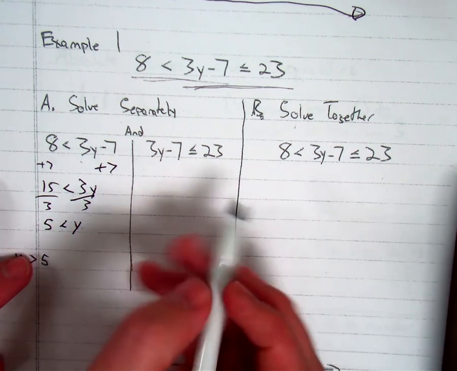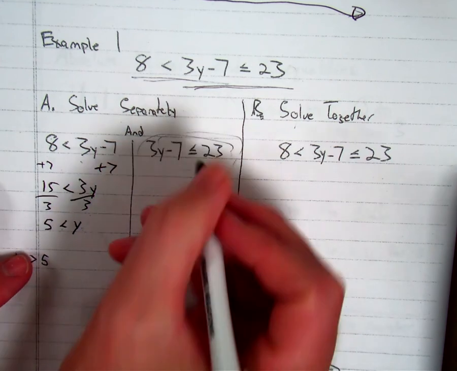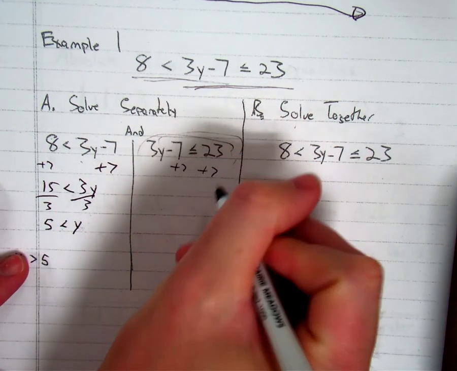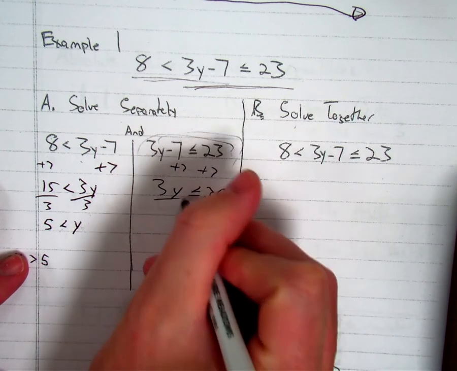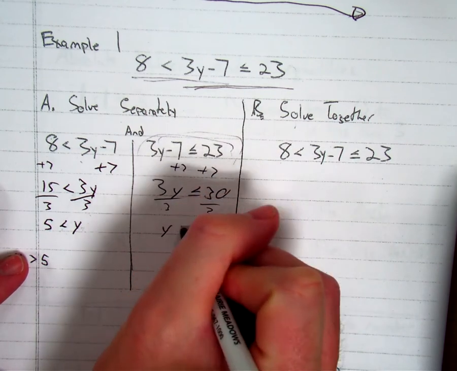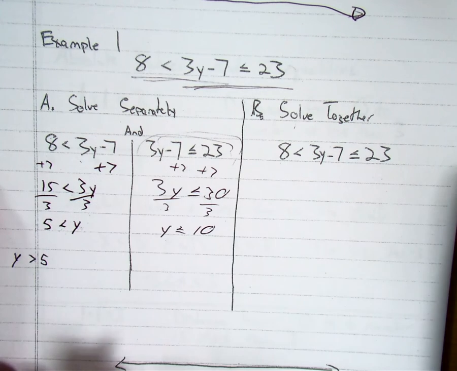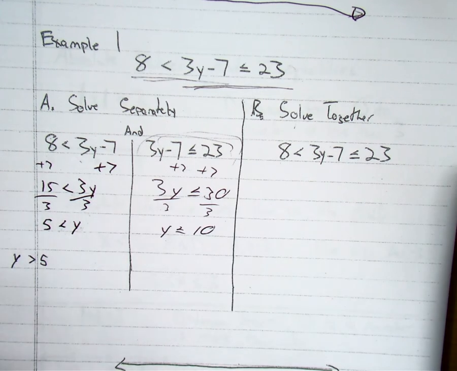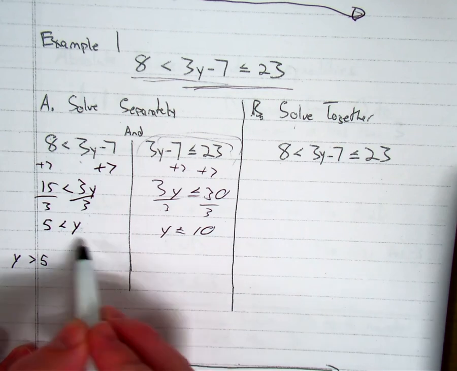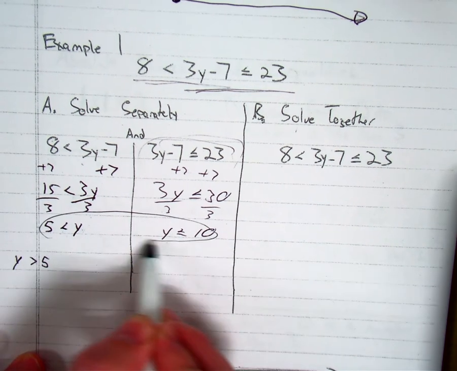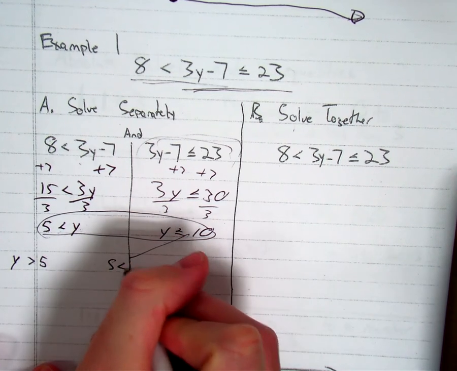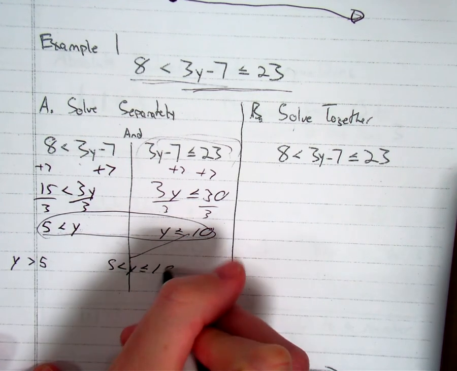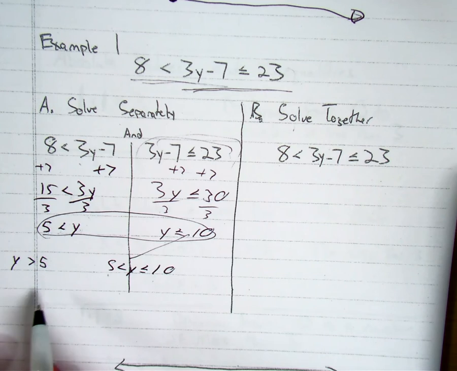Okay? On this side of it, we would need to add 7, and then divide by 3. y is less than or equal to 10. Okay? So if you're looking at it like this, we can put them back together right now. 5 is less than y is less than or equal to 10. So it's going to be between 5 and 10.